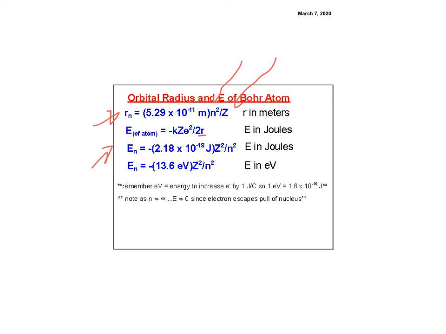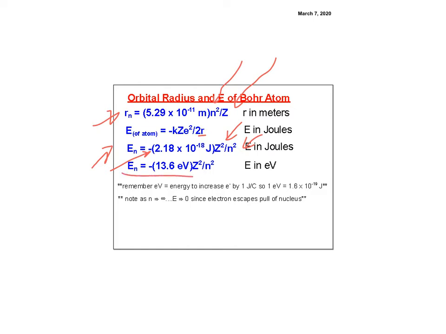Then we have the energy of the nth orbital, which is directly proportional to Z squared and inversely proportional to n squared. So as you have more Z, more charge, you can have more energy. And as you get further away, you have less ionization energy because that's the negative one.